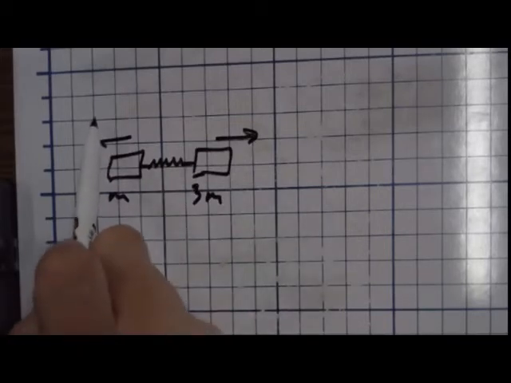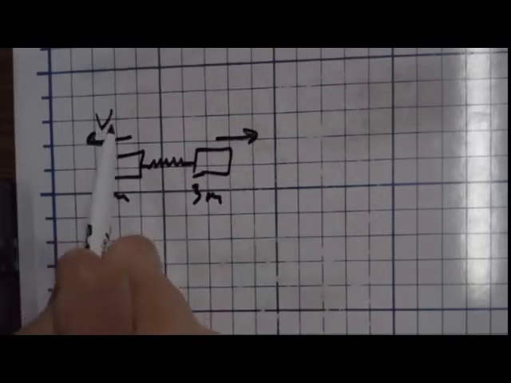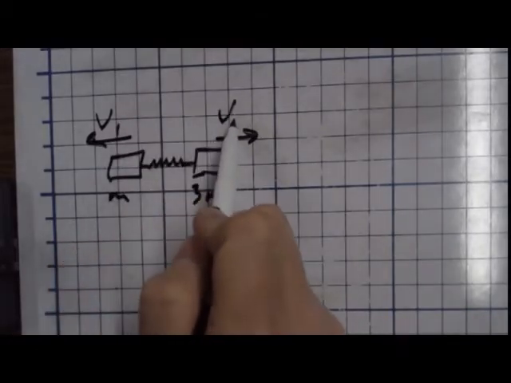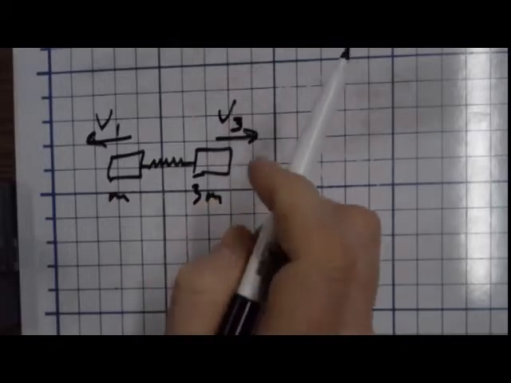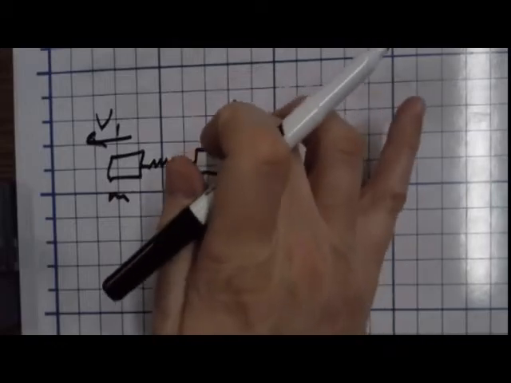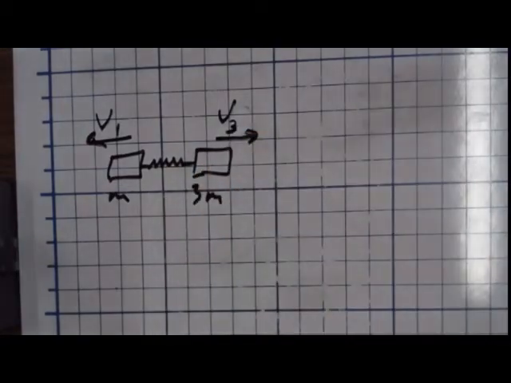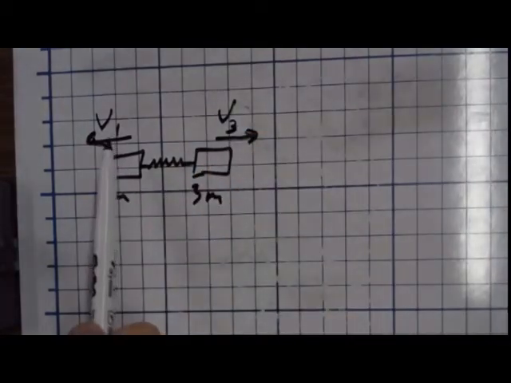So we're going to have a final velocity for this one and a final velocity for this one. I'm going to label them V1 and V3 to go along with their masses. And we know that this velocity is going to be bigger because that object is lighter. It resists changes less, and therefore it will go faster.